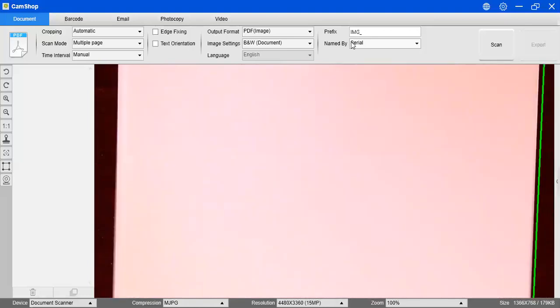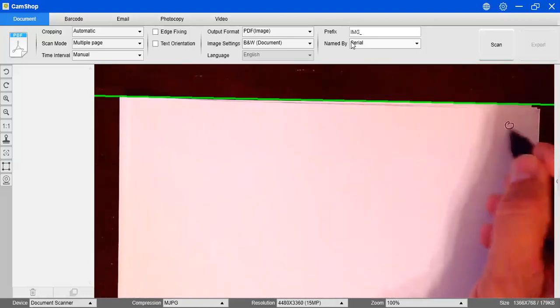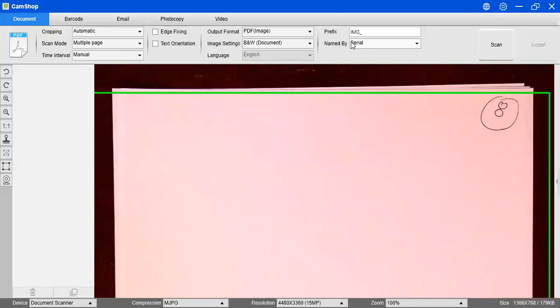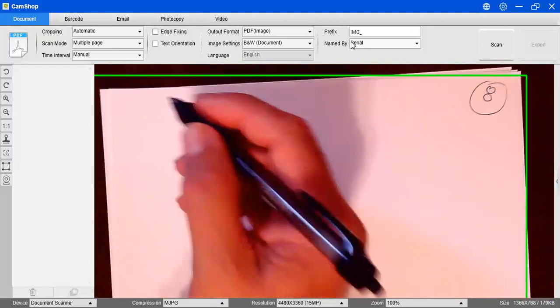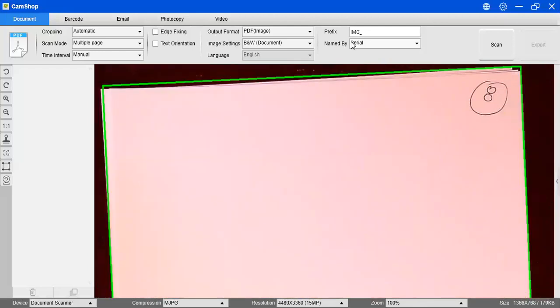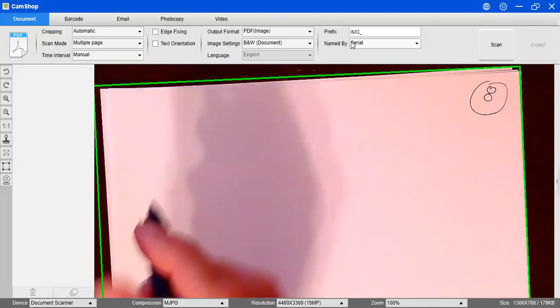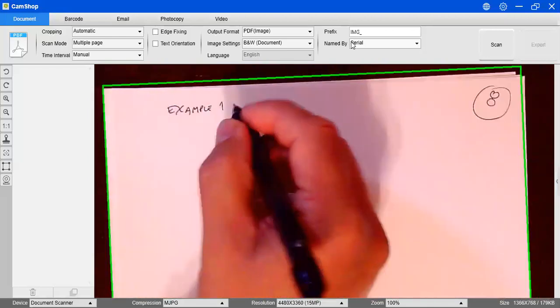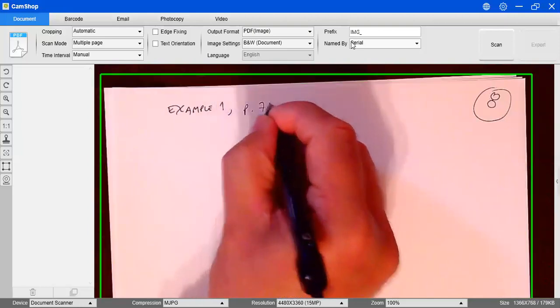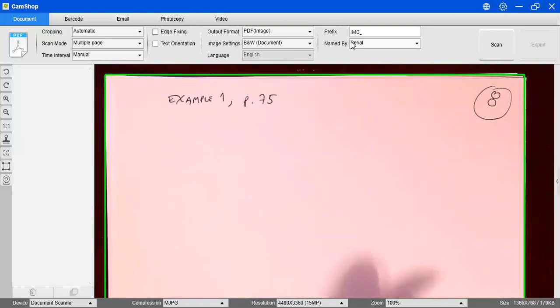So let's work a couple of exercises, and then you're going to be ready for the final part of this section. We're going to start with example 1 on page 75.